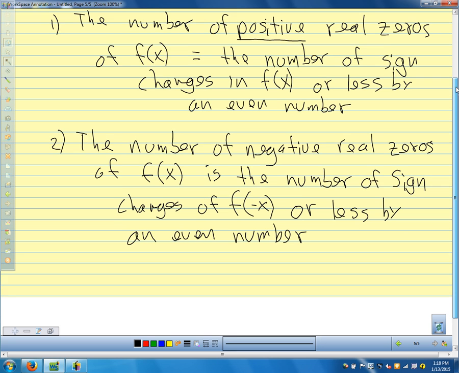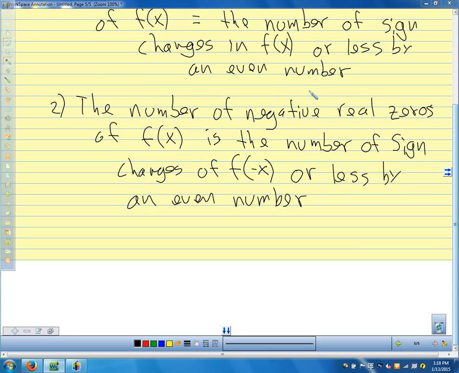All right, so let's talk about what we mean by the sign changes and this whole business about even numbers. Really easy idea. So let's say we have f of x equals 2x to the third minus x squared plus x plus 4. For the number of sign changes, all we're doing is counting how many times the signs in front of our numbers here change from positive to negative or negative to positive.